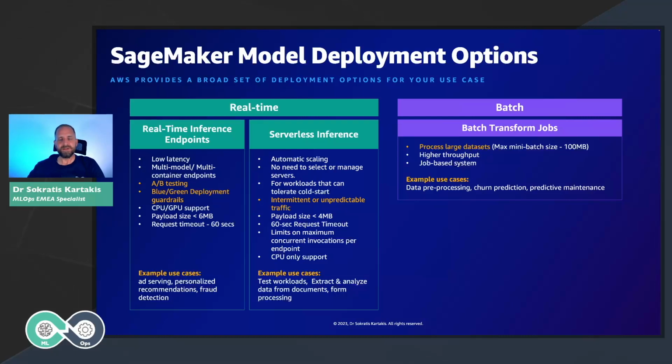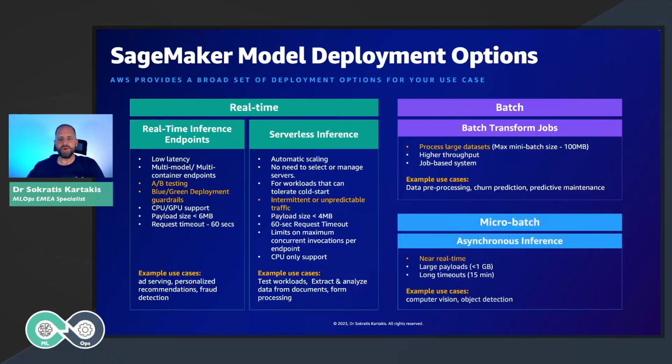It starts the machines that are necessary, it will run all the predictions and it will return the results back. Very powerful to have batch transform jobs. And some customers also create SageMaker pipelines that do pre-processing, batch transform, and post-processing in order to create this solution.